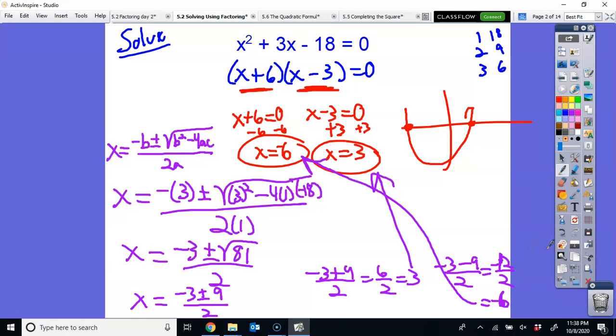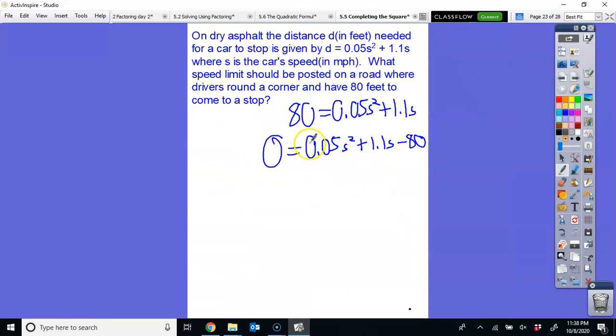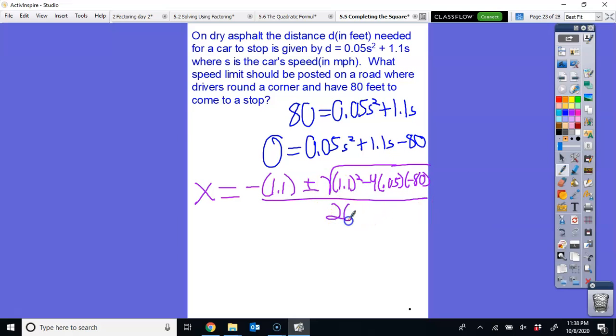So whenever you are trying to find solutions, you can use this factoring method if it splits up perfectly. If it doesn't split up perfectly, if you've got something kind of ugly, like this ugly equation right here, you can still take out your handy-dandy calculator and do the opposite of 1.1 plus or minus the square root of 1.1 squared minus 4 times 0.05 times negative 80 all over 2 times 0.05, sorry.